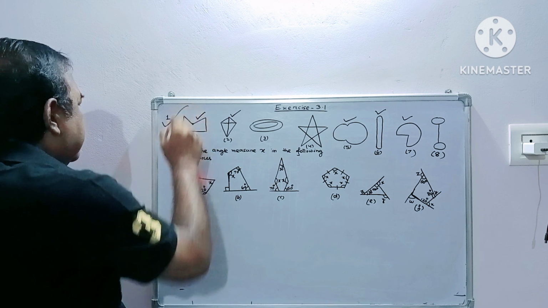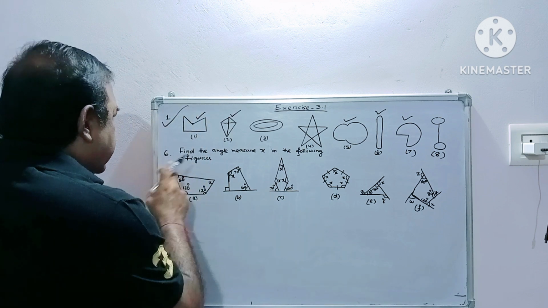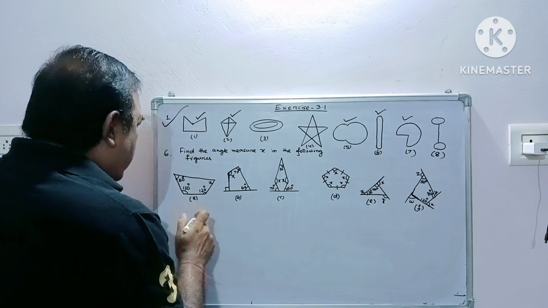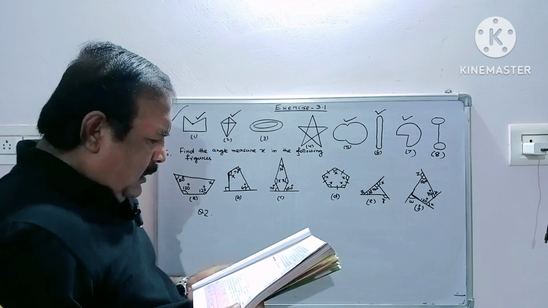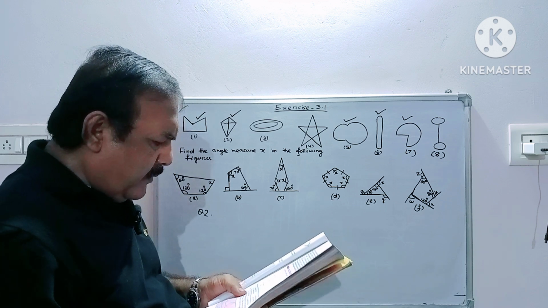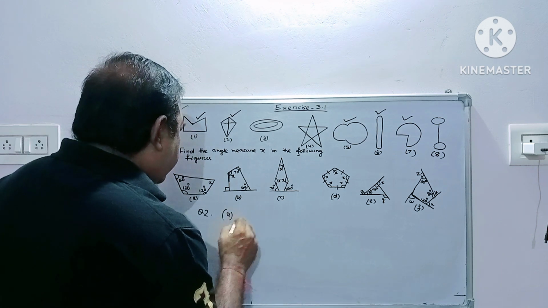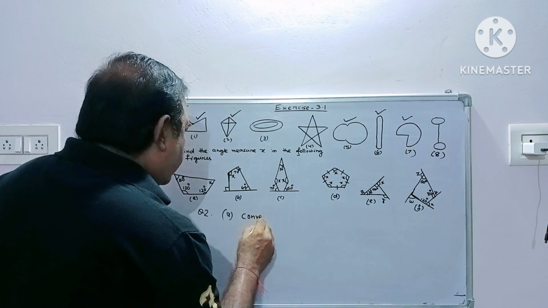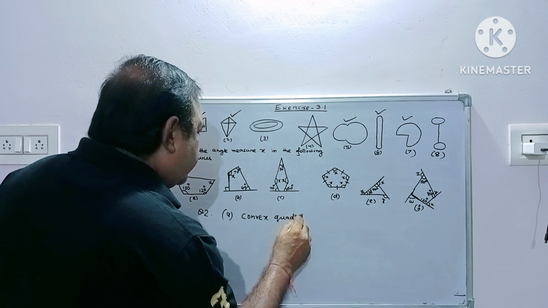Just I have picked the figures of question number 6, but after question number 1 we will move to question number 2. What does it demand? How many diagonals does each of the following have? A convex quadrilateral. You see, convex quadrilateral.